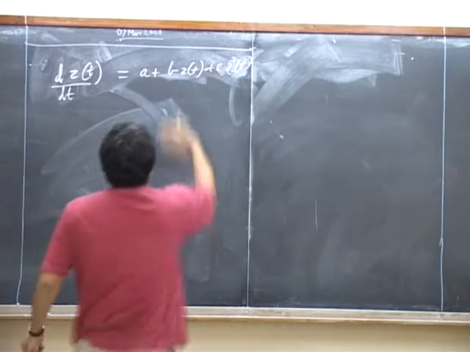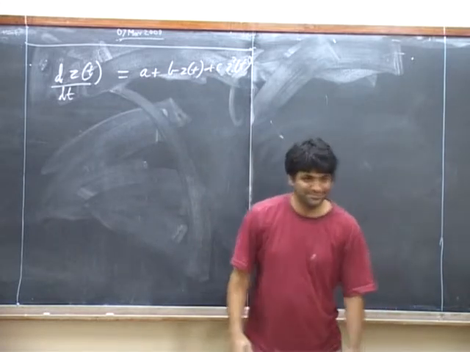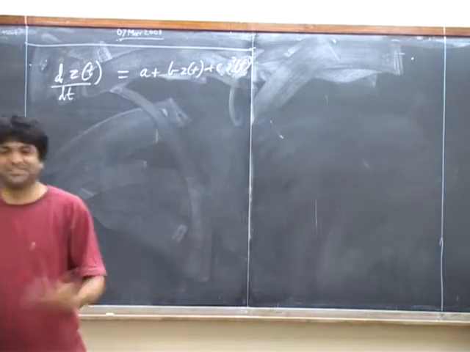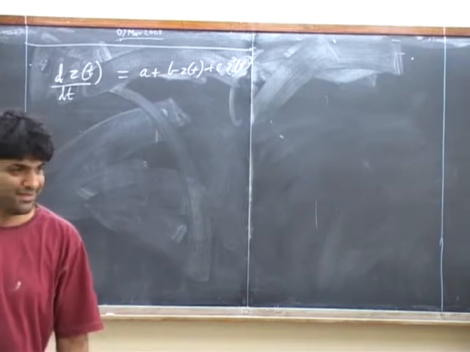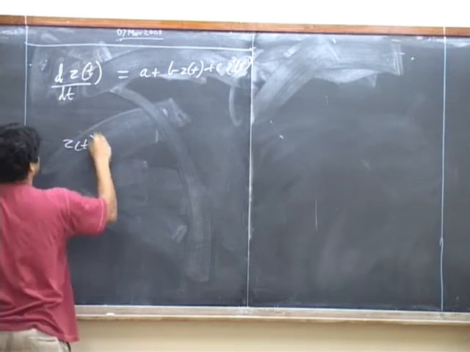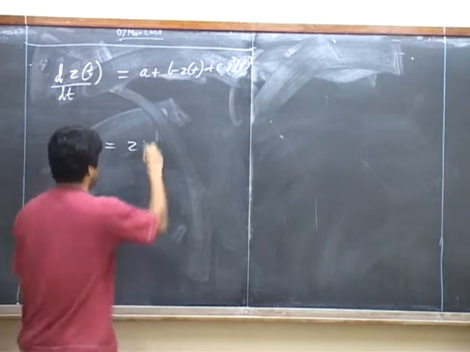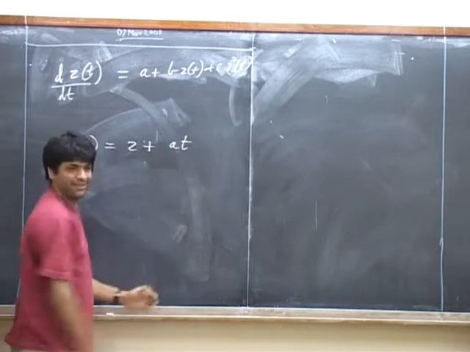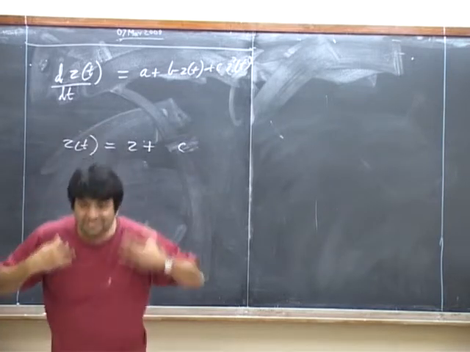What is the global version of the first term? It's obvious to do the integral in your head. Yes, z(t) is equal to z(0), the original coordinate, plus a times t. t is arbitrary, so this is a translation.